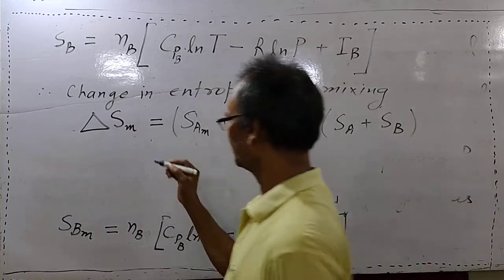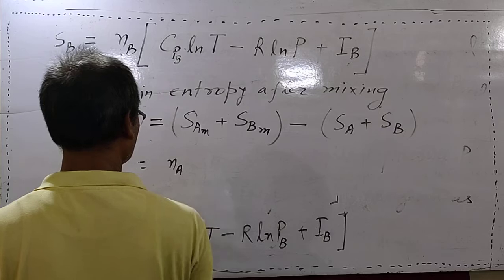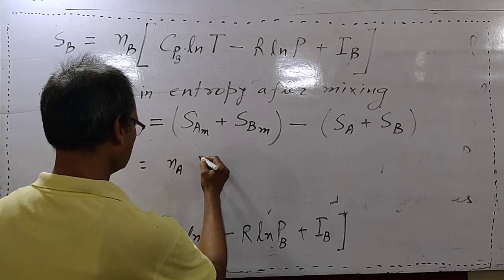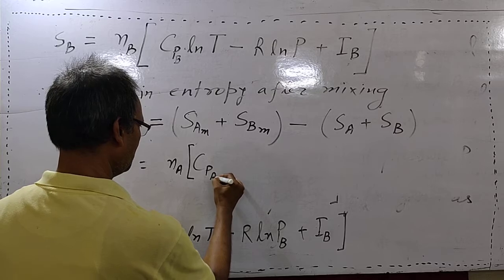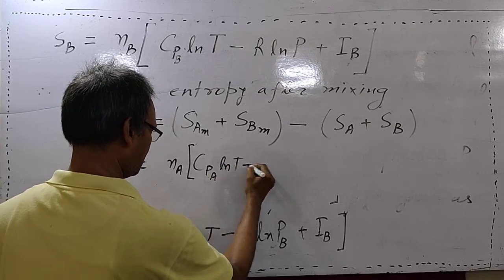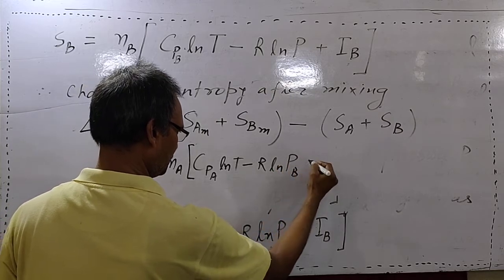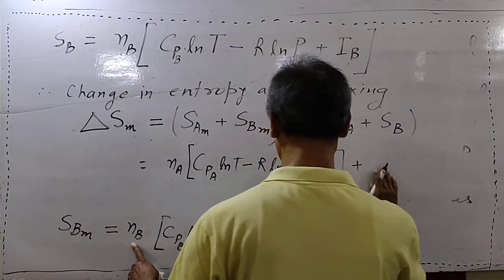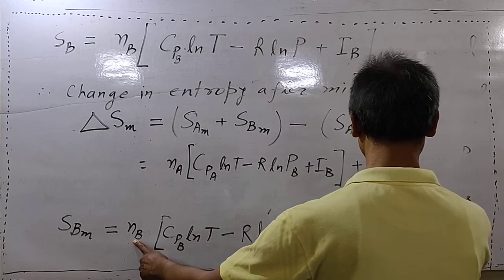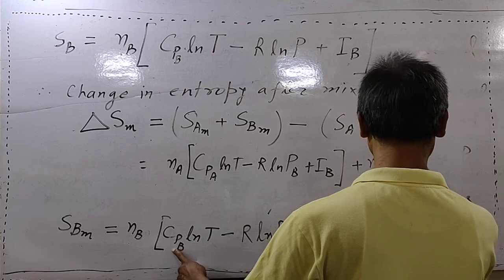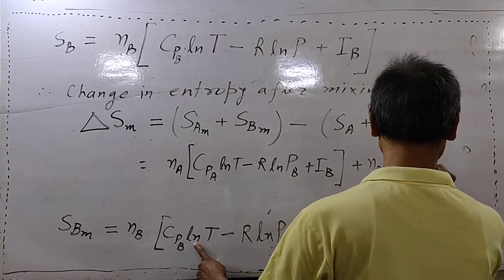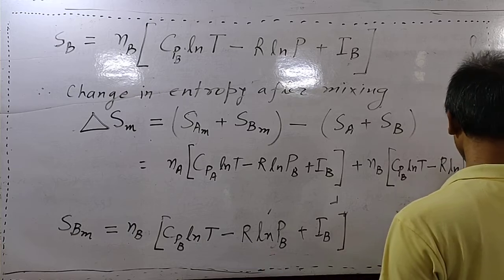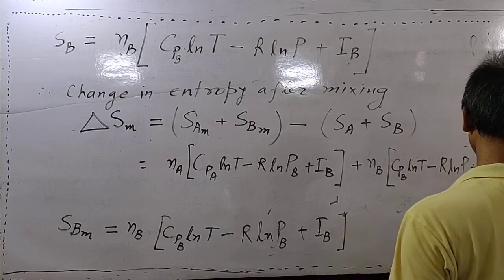Delta SM is Na into CPA ln T minus R ln PA plus IA, plus NB into CPB ln T minus R ln PB plus IB.